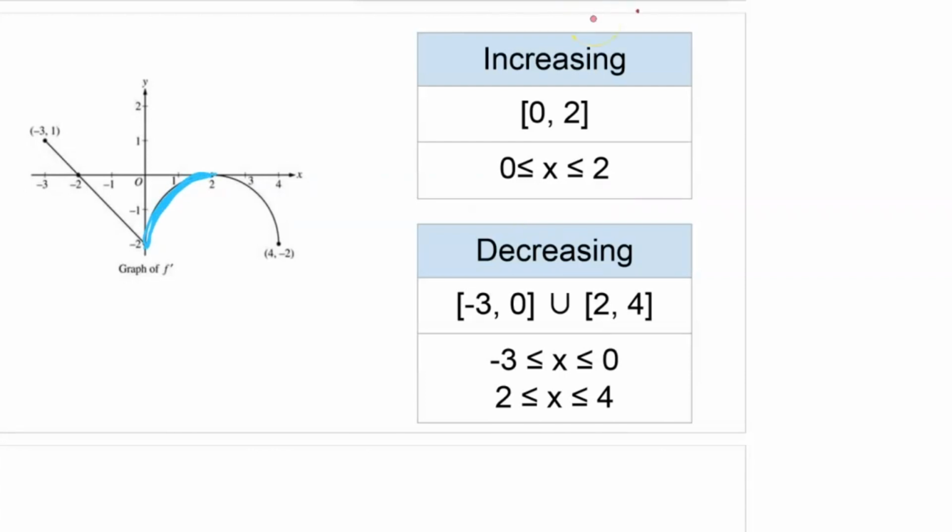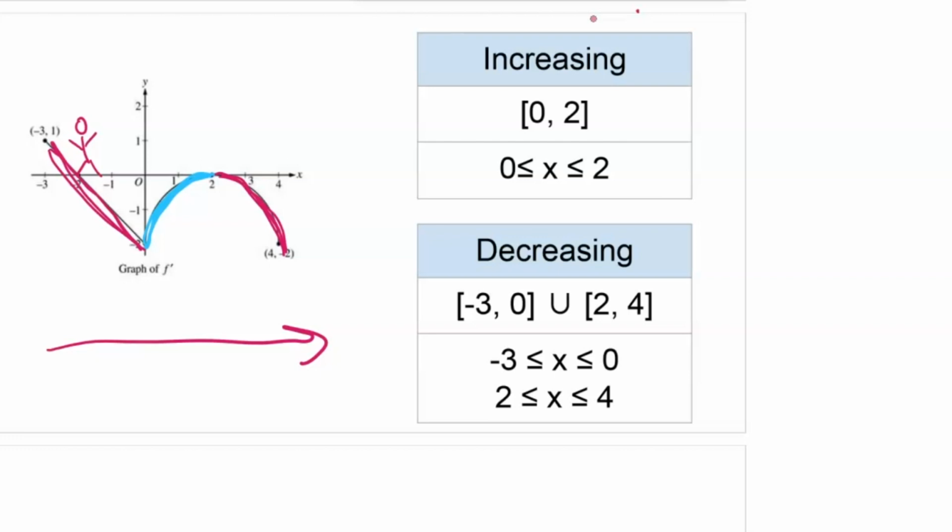Now I'm going to color the decreasing in pink, here and here. Okay, so again we have two different sections that are decreasing. Again, if it's difficult for you, you can picture there's a little guy walking on your graph from left to right. Think about where he's walking downhill and where he's walking uphill.